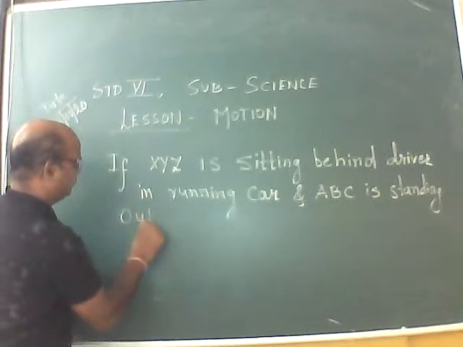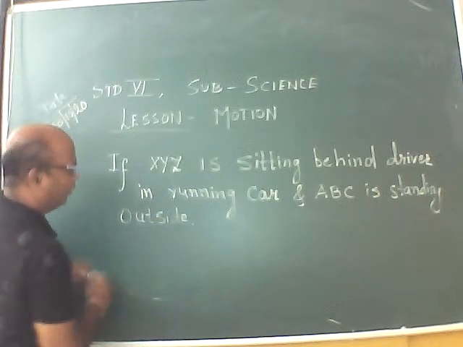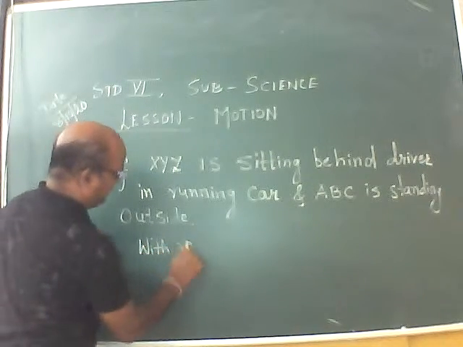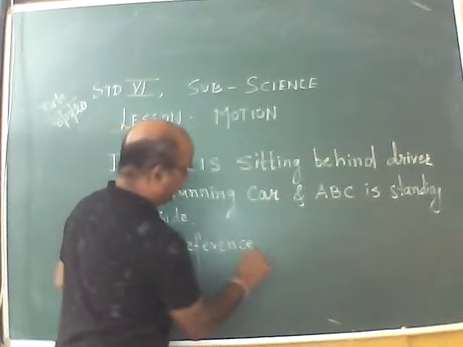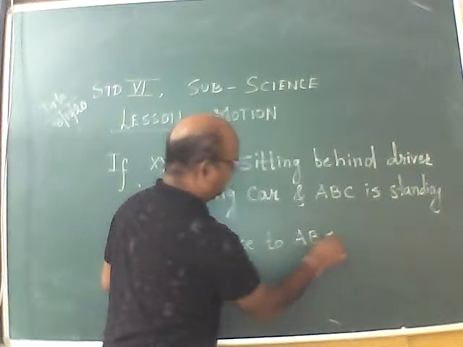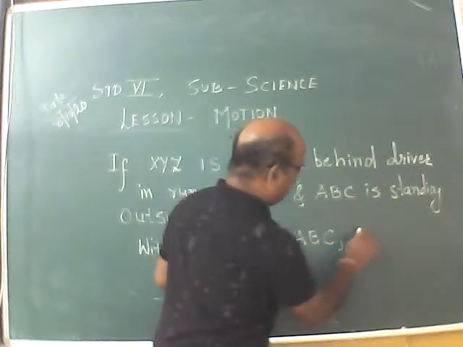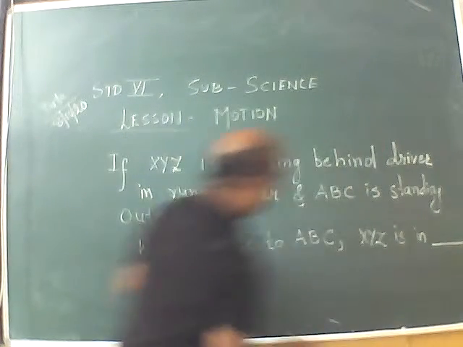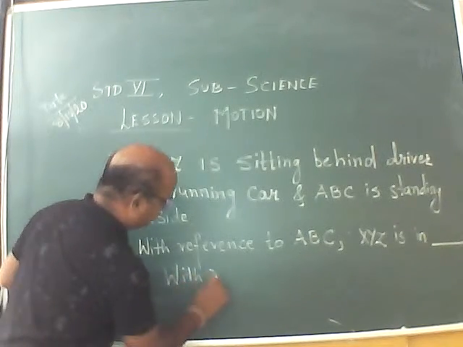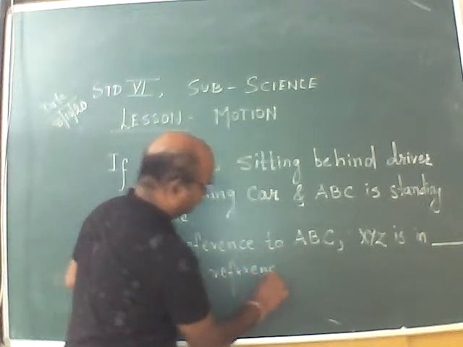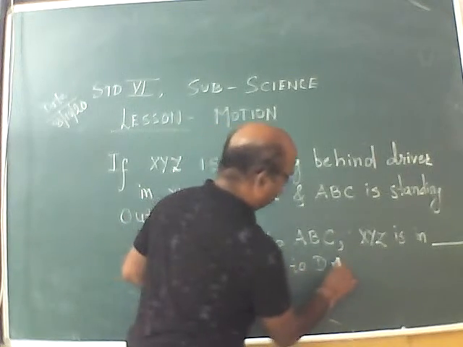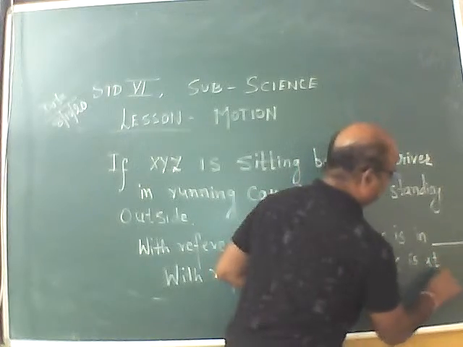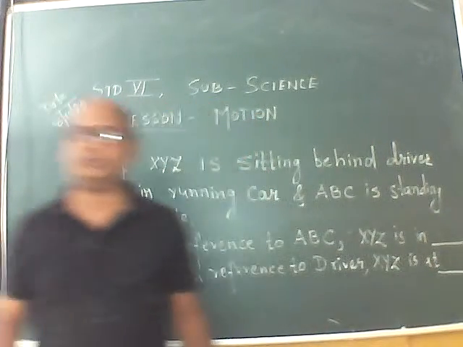Now, tell me, with reference to ABC, XYZ is in dash, and with reference to driver, XYZ is at dash. So what will come here in the first column? Do the answer.